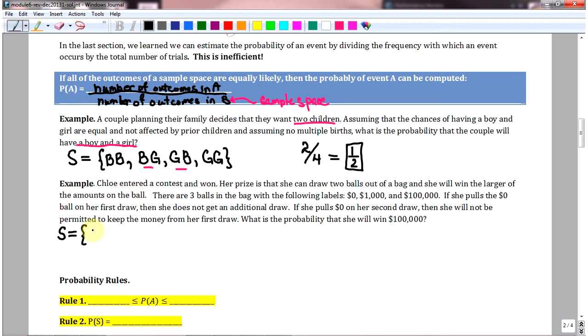Okay, well, she could start off by drawing the 0 ball, and if she does, the game's over. Next, she could draw the $1,000 ball, and then on her second draw, she could get the 0 ball. Next, she could draw the 1,000 ball first, and then she could get the $100,000 ball next.